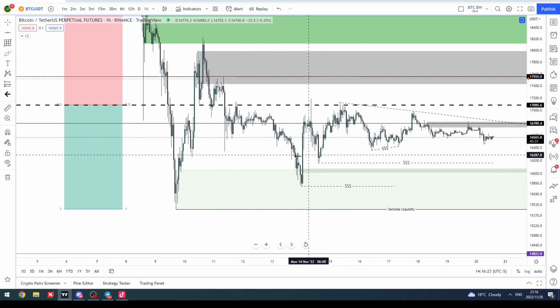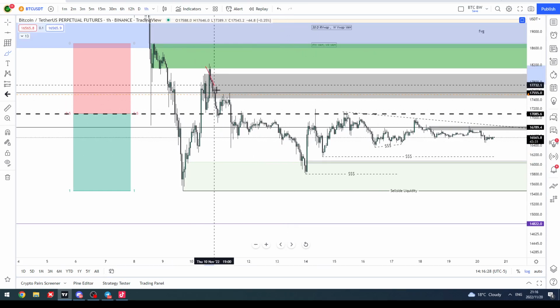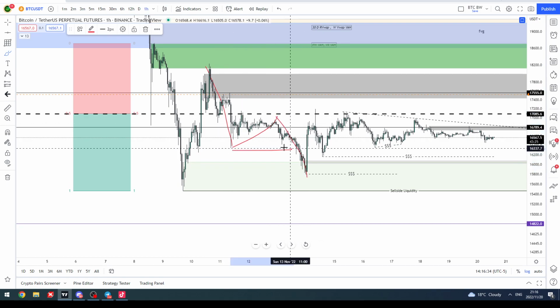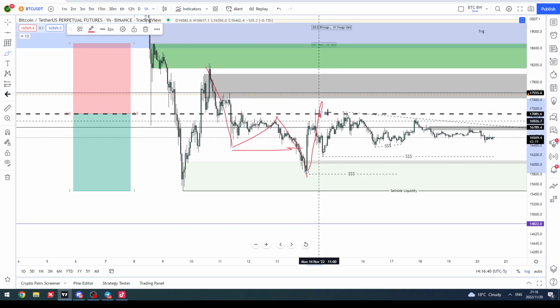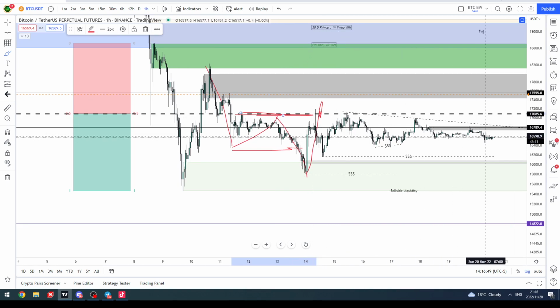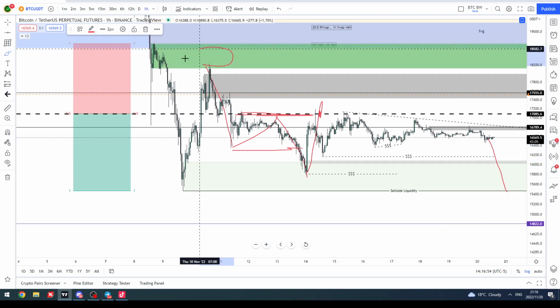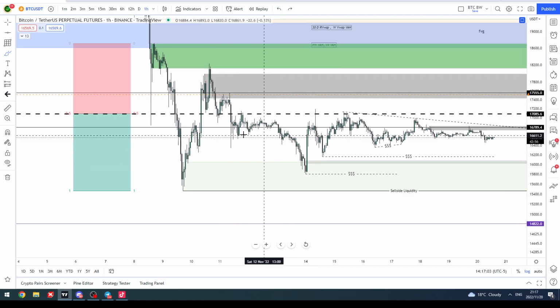Now what we need to wrap our head around is if this was the sort of move here, right, lower, where this broke MS here, is all of this, or was this push higher here just an inducement liquidity grab, and now we are going sideways to head lower, right? Because the fact that we didn't take any retracement high to the left of us doesn't really put us in any sort of bullish momentum.